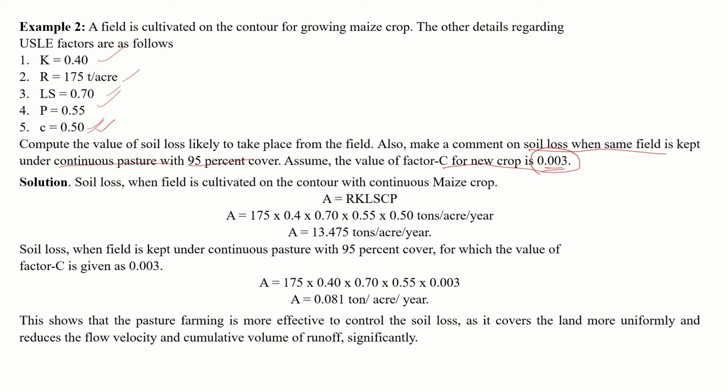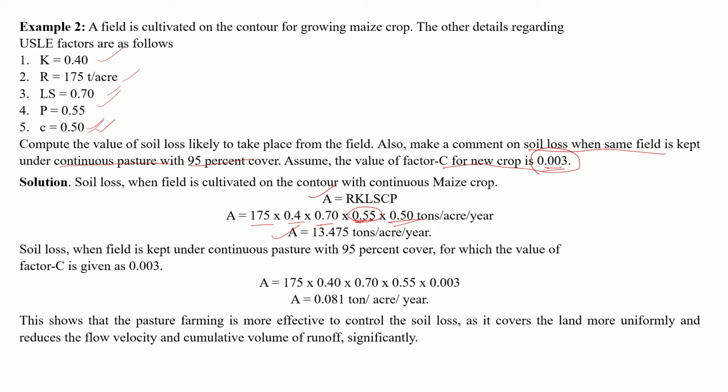You know A is equal to R K LS C P. Substitute all the values: R is 175, K, LS, and C factor 0.50, and you get the A value.